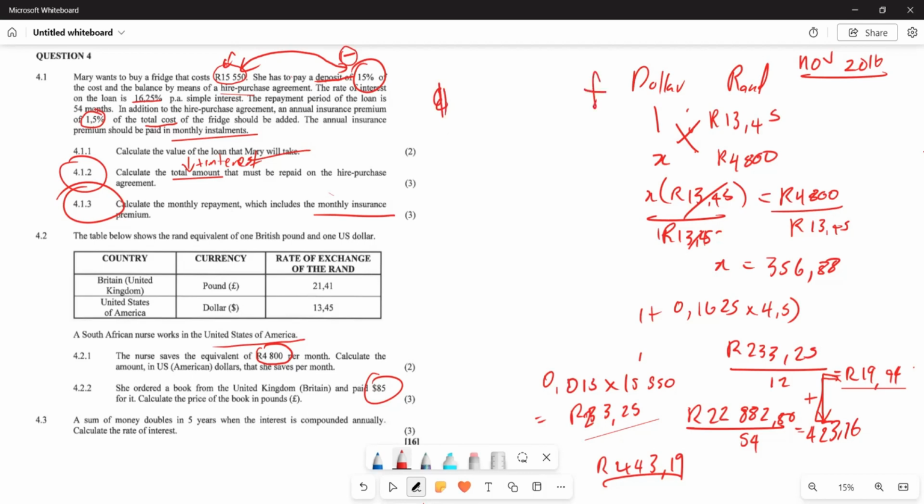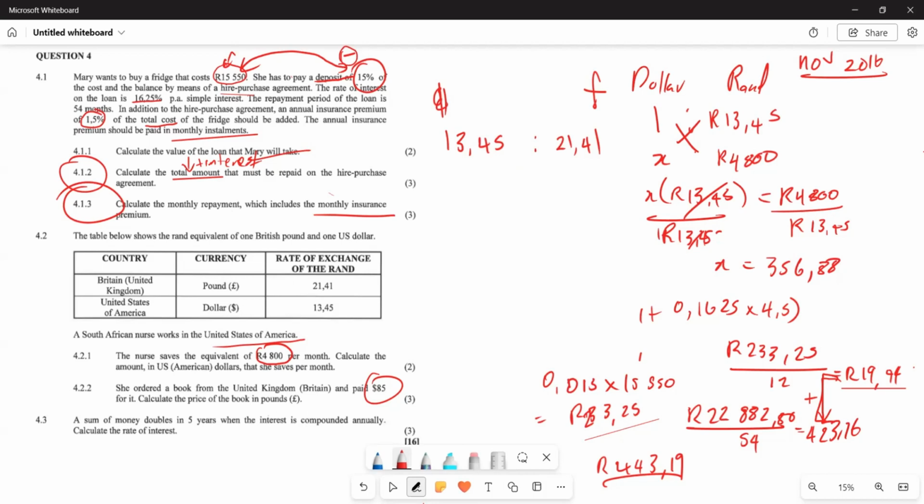Hey, it's very difficult to write. Now, they are saying now your dollar, remember your dollar, it's 13 rand 0.45, isn't it? Also, which is into the other one is what? The other one, it is your 21.41 altogether.